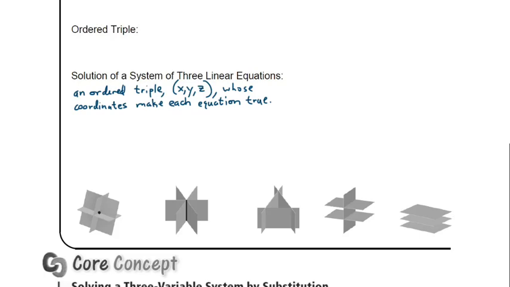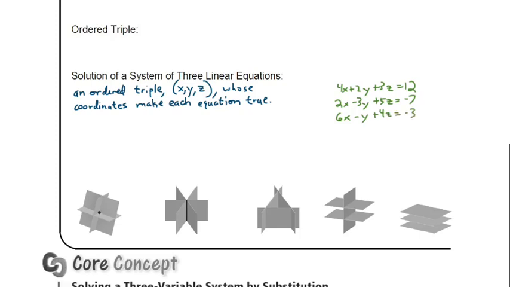They gave us a simple example right here. The system 4x plus 2y plus 3z equals 12, 2x minus 3y plus 5z equals negative 7, and last but not least, 6x minus y plus 4z equals negative 3.